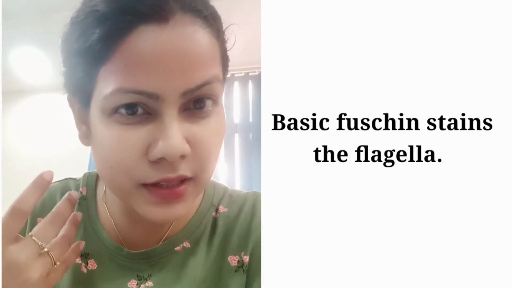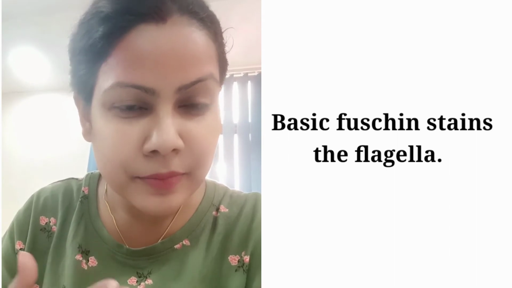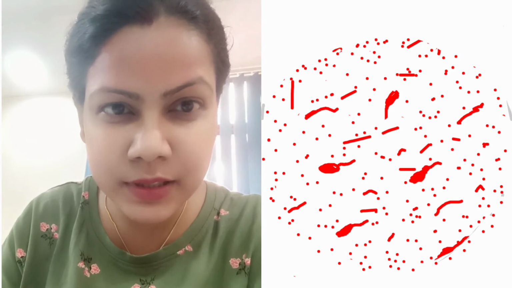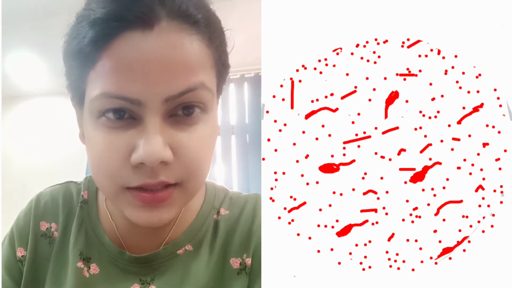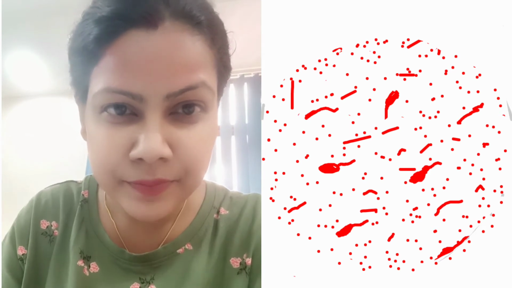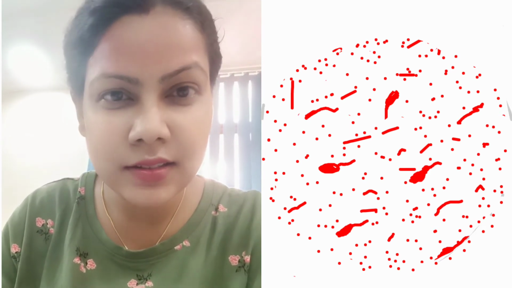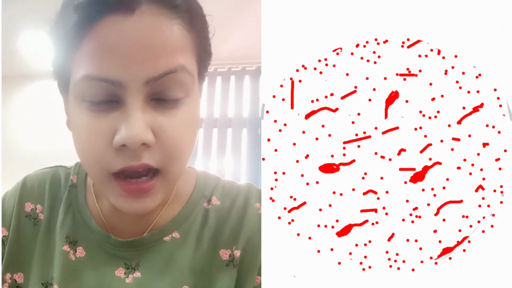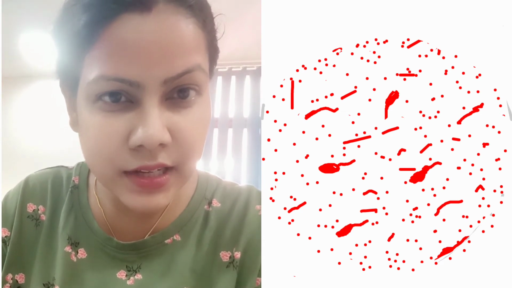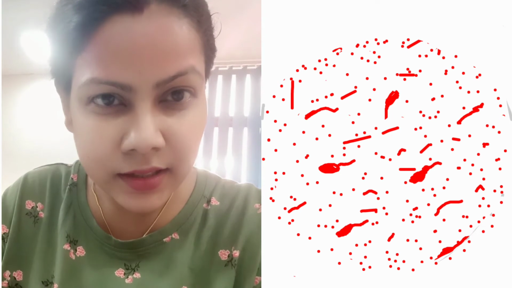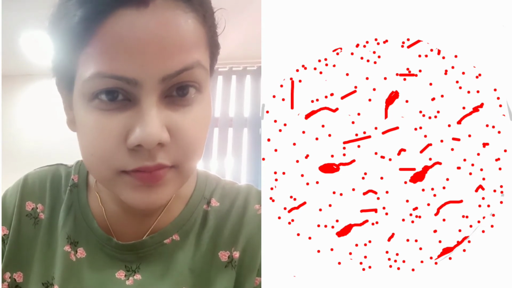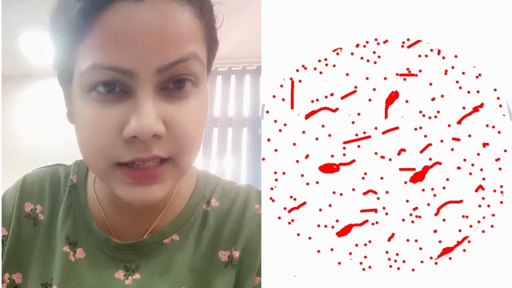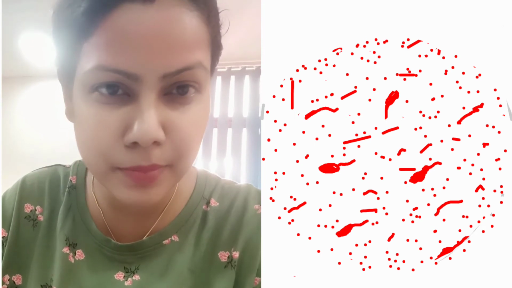So once we see this smear under the microscope, flagella appear as clearly visible, thick, red colored structures. This is the basic concept behind Leifson's stain: after applying it, we make the flagella thick and colored so that we can easily visualize this thin, delicate structure of bacteria.